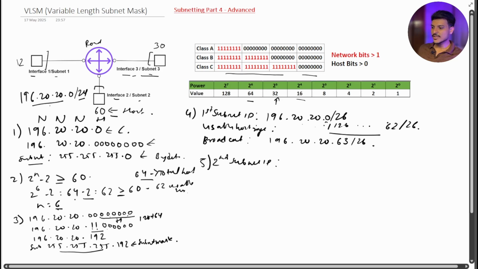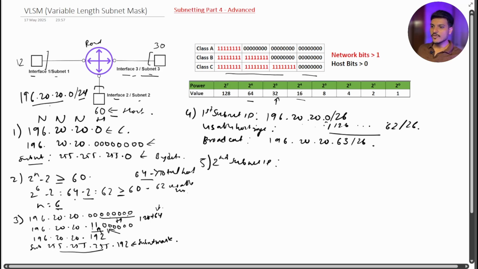In the first method, we have to see this binary number and identify the value of the first bit that is given from host to network. What was the value of the first bit given from host to network? It was at the 6th position, so its value would be 64.